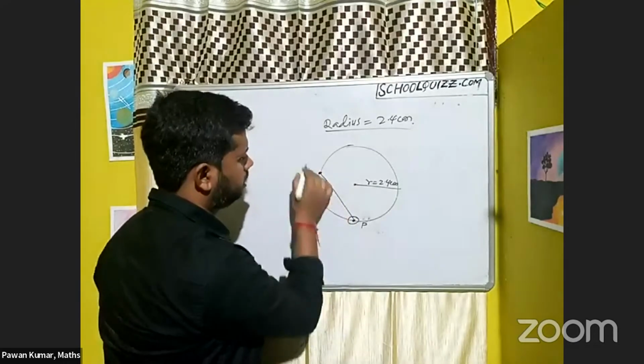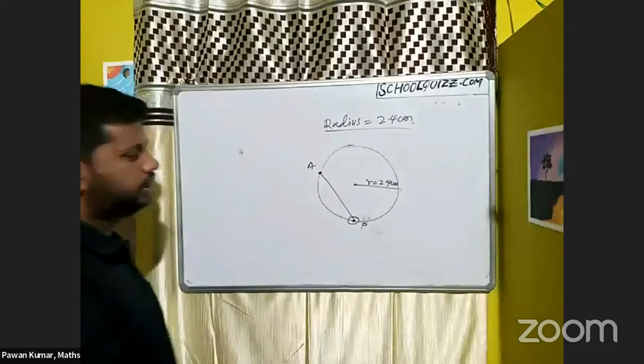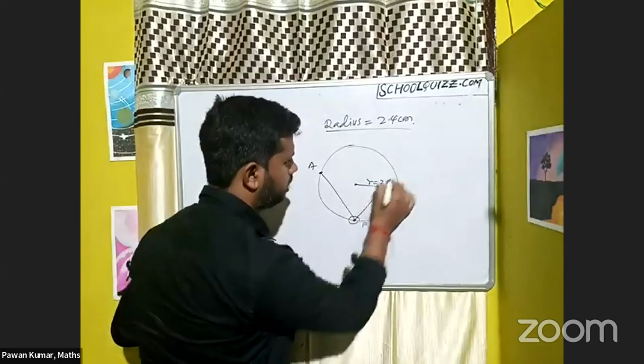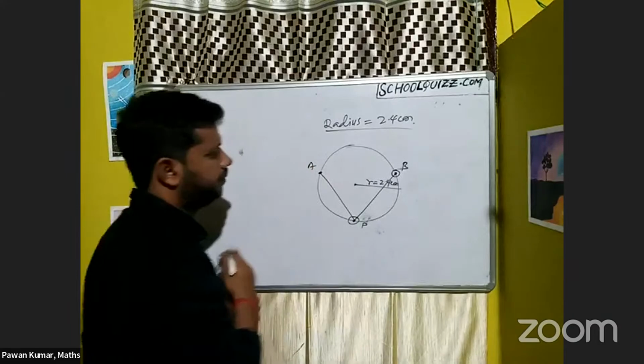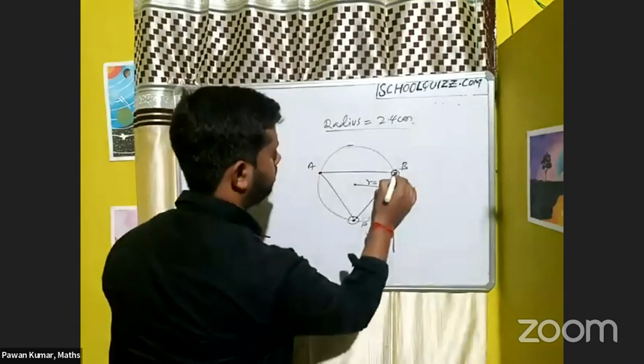This is P, A, and draw one more chord from point P, touching but not on the same point. It is point B. Now join A, B here.